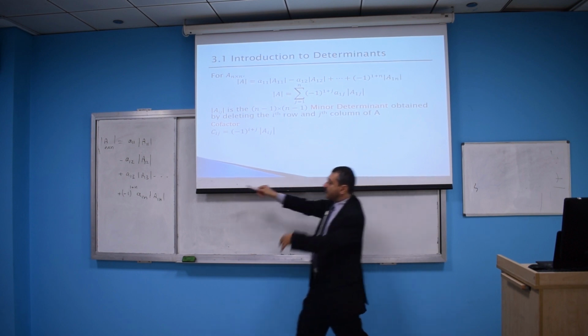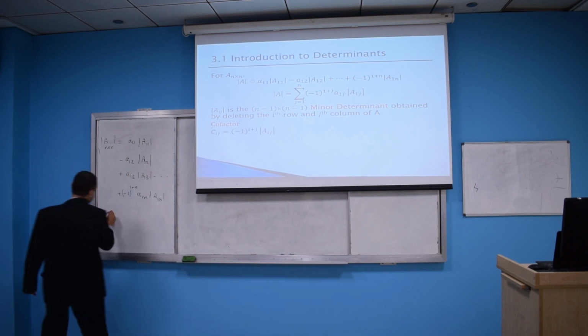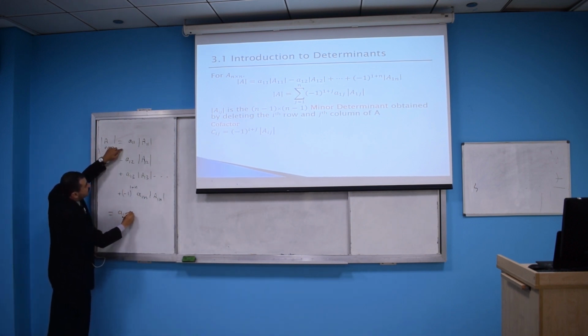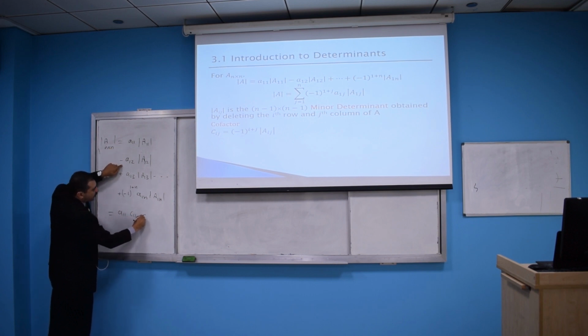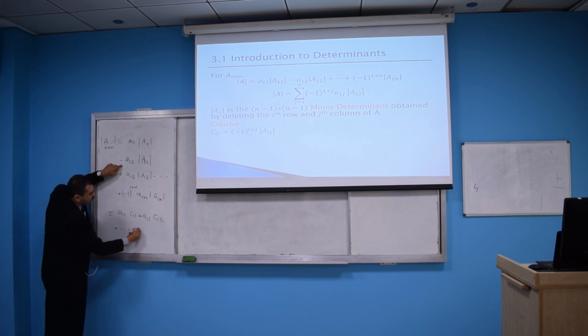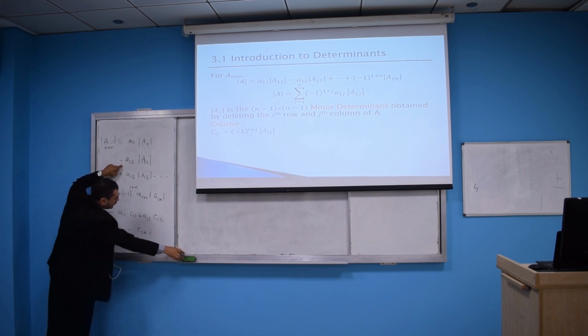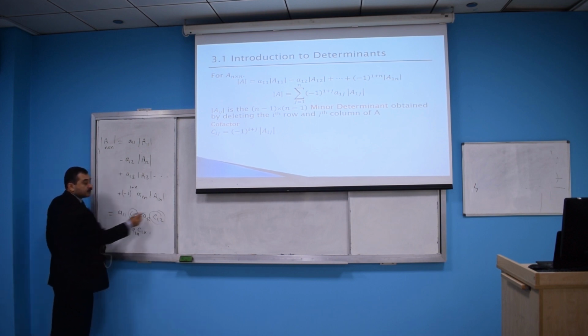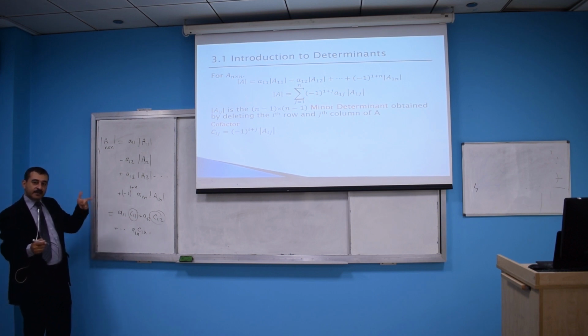So instead of writing this expansion like this, I can write it as A11 times C11 plus A12 times C12 and so on up to A1n times C1n. This term contains the sign and the minor.